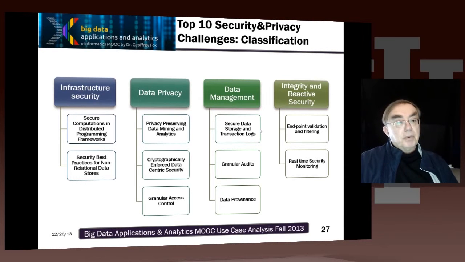Privacy is particularly important. It involves keeping commercial secrets properly firewalled to the companies that own those commercial secrets. It requires, for health applications, keeping things private. And so you need to be able to understand how to do data mining and analytics while preserving privacy.